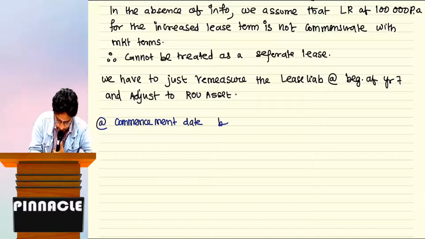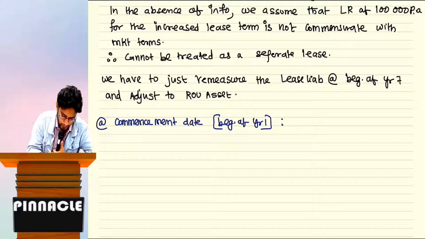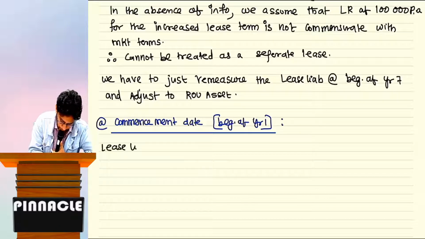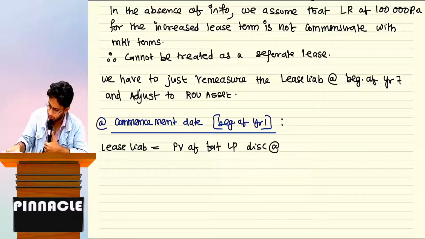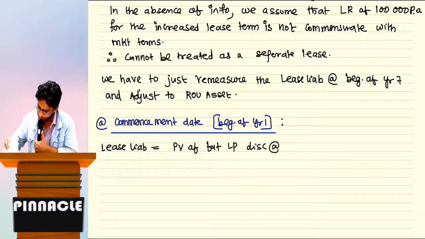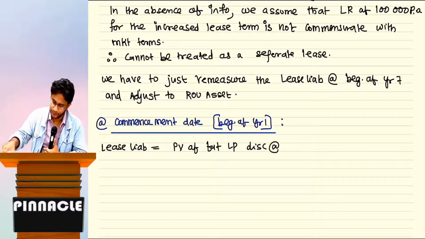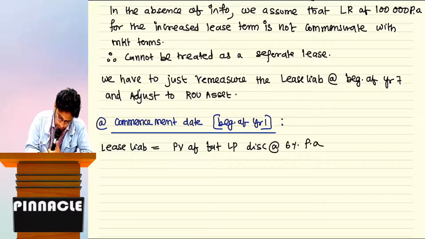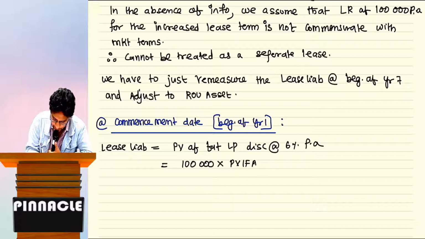At commencement date, beginning of year 1, lease liability is equal to present value of future lease payments discounted at the rate of, what is the original discounting rate in the sum? 6%. Directly apply annuity factor, sir. 1 lakh into PVIFA 6%, 10 periods.